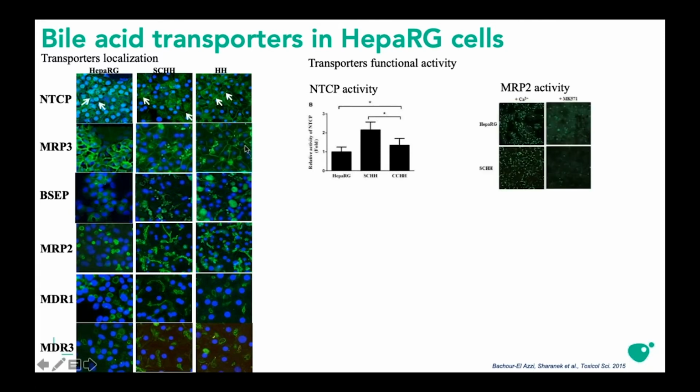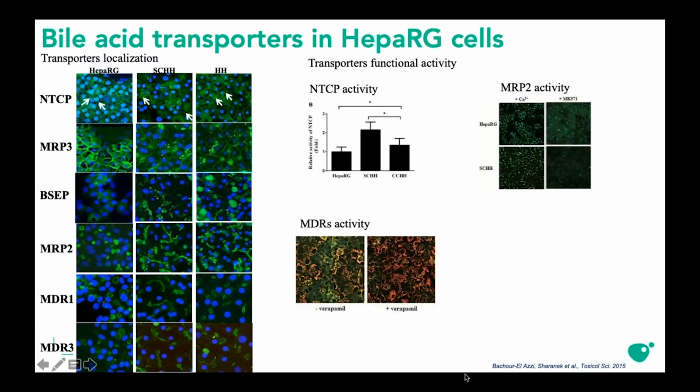We also assessed the activity of MRP2 using CDFDA, a substrate of MRP2, in the absence or presence of an inhibitor of MRP2. Fluorescent CDF was visualized in bile canaliculi of HepaRG cells and the human hepatocytes. In the presence of the inhibitor, CDF was not effluxed to the bile canaliculi.